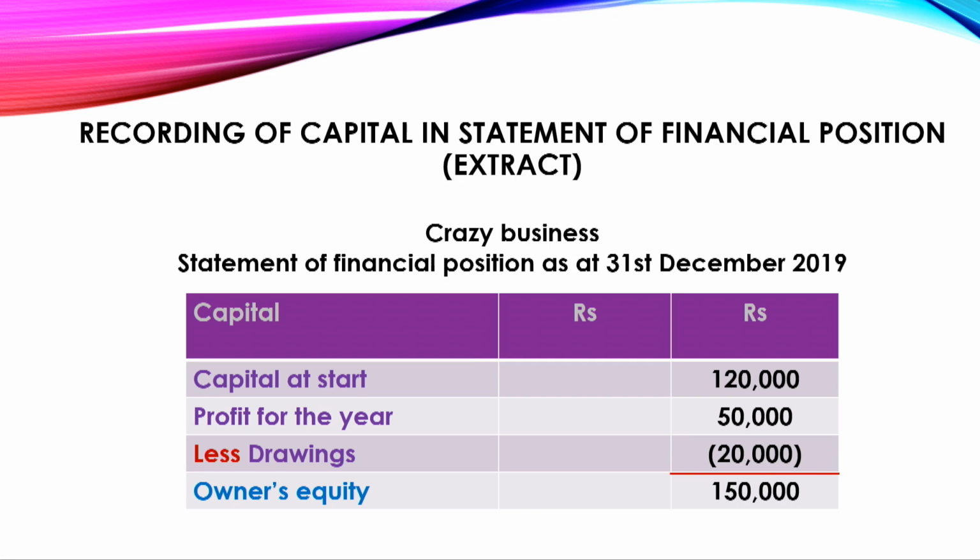As you can see, the 20,000 rupees drawings is put into brackets as it needs to be deducted. Therefore, 120,000 rupees add 50,000 rupees less 20,000 rupees. This gives a total of 150,000 rupees as owner's equity.